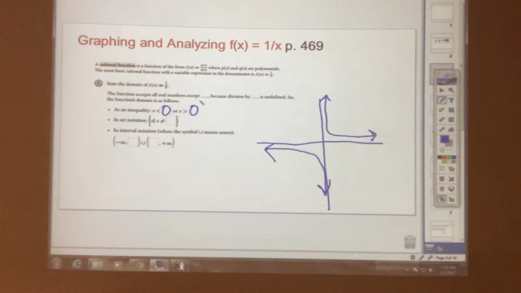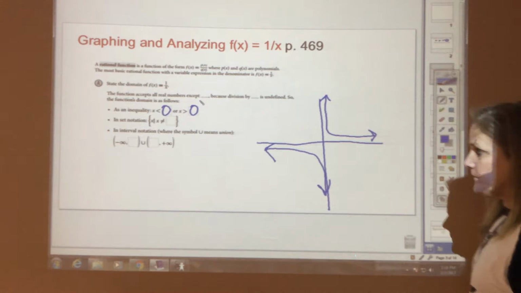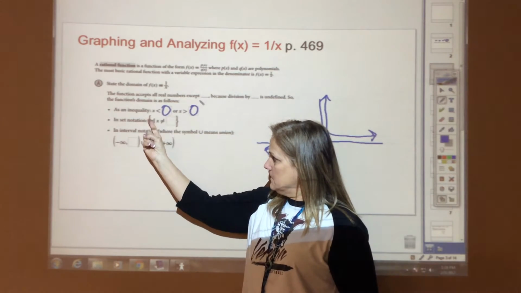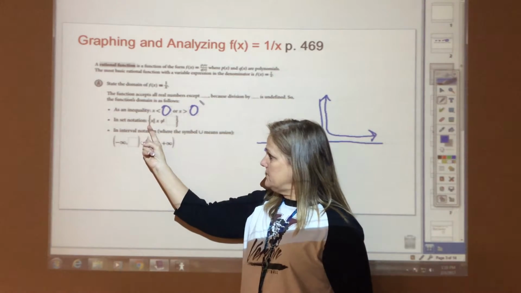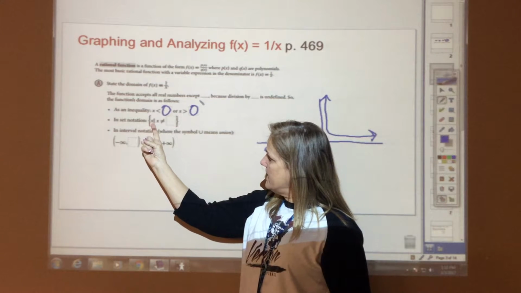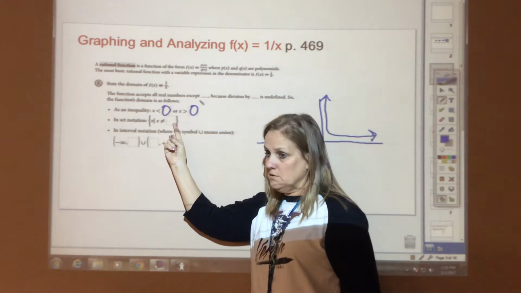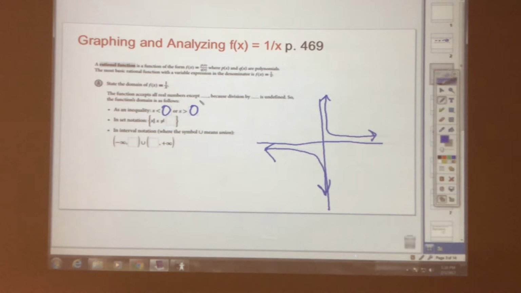X is greater than 0. Remember, when we're talking domain, we're talking about x, left and right. So if we wrote it in set notation, braces, x such that x is not equal to 0. So x is everything except 0.